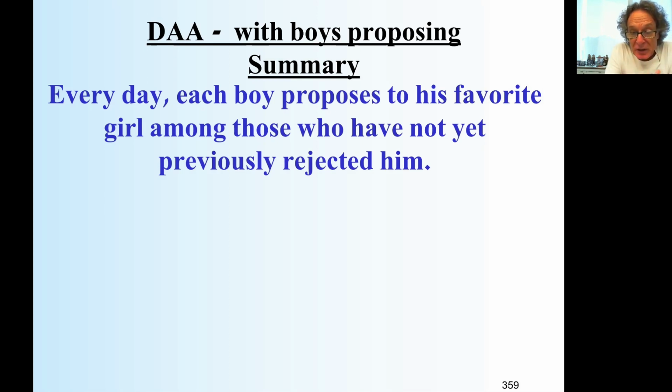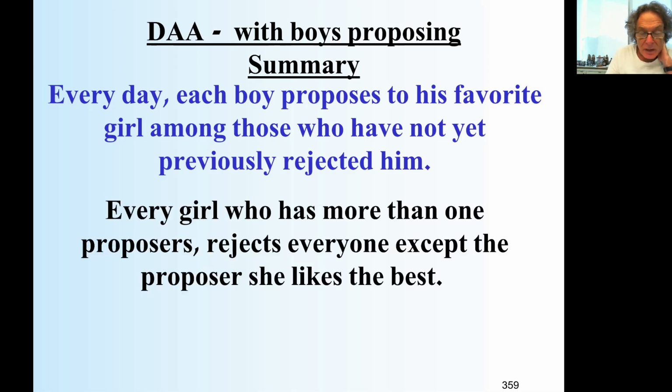If he was rejected by girls, obviously he cannot come back, so he proposes to the best on the list after being rejected so far. Every girl who has more than one proposer rejects everyone except the proposer she likes the best.